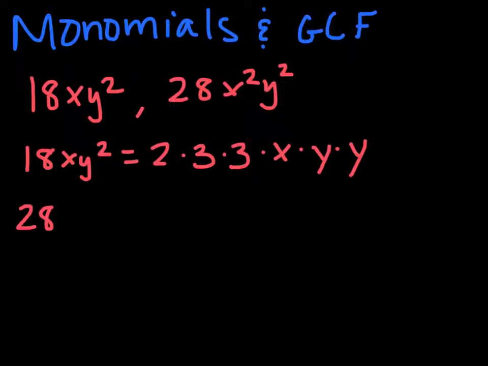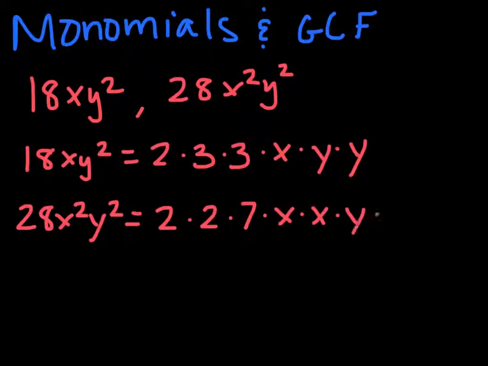Now let's factor 28x squared y squared. 28's prime factorization is 2 times 2 times 7. Now let's factor the variables: x times y times y. Now, just as we would with any other regular digit, we're going to look for our common prime factors.